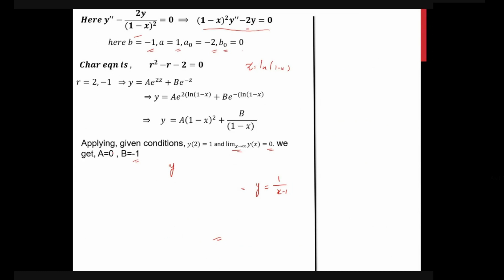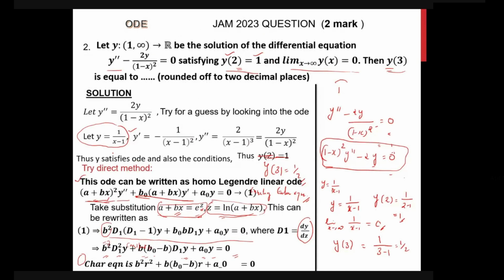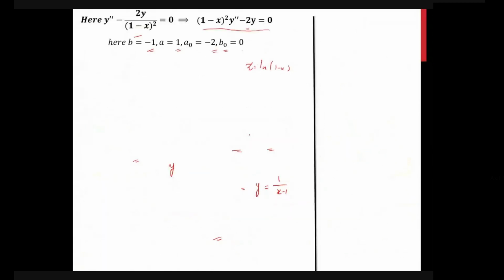If anybody has any question regarding this question? There may be many other methods as well, so you should focus on the homogeneous Legendre linear ODE, and this is something like the Cauchy-Euler ODE, and these are very important types of ODEs.